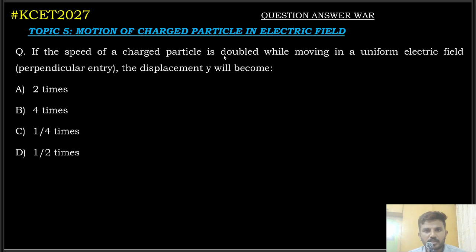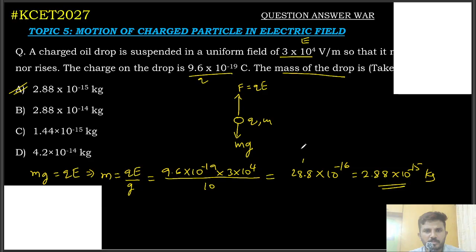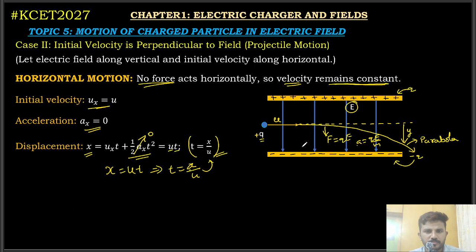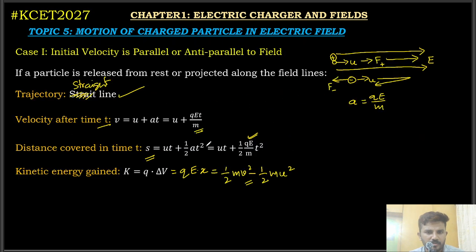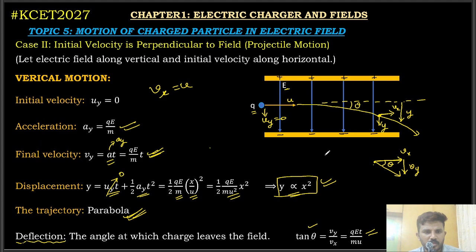If the speed of the charged particle is doubled while moving in the uniform electric field, then the displacement of the particle is. So since the velocity is inversely related to displacement, I can show you that. Where do we have that formula? Displacement along y-axis. Yes, look at this. Here y is inversely proportional to u square, 1 by u square.